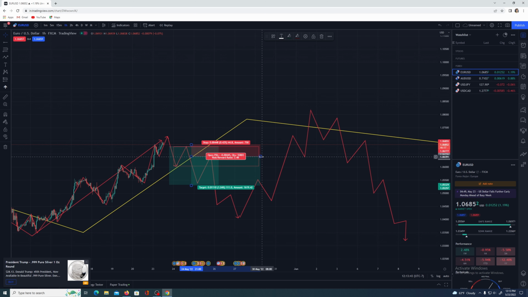Now we can move our stop above the high, right? And now probably we cut our risk by 50%, or maybe we can even move it to break even already.